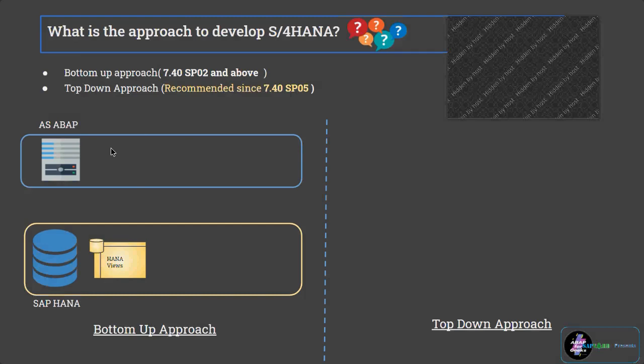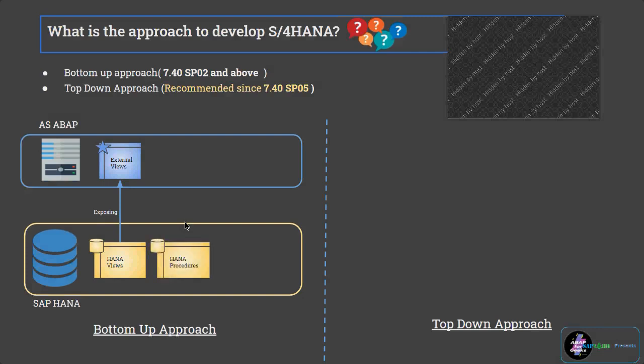Imagine being a developer at that time, you had to learn HANA views. When you create the HANA view, you expose it as an external view, which will be another dictionary view. That means two objects you are supposed to create for one single purpose.